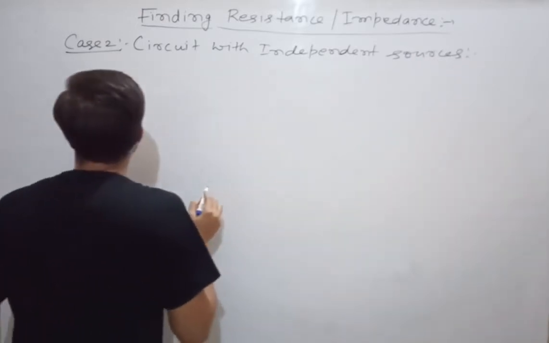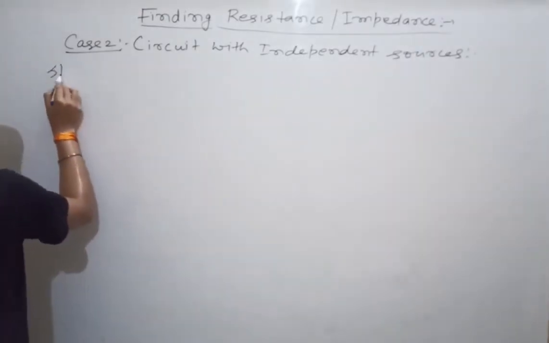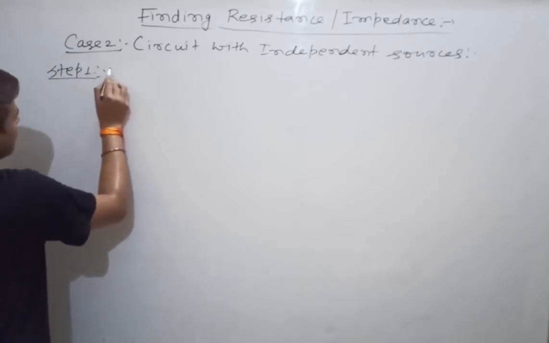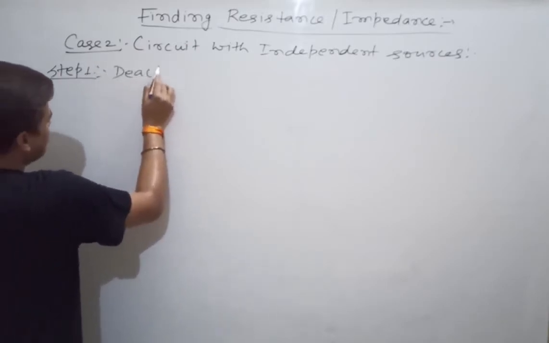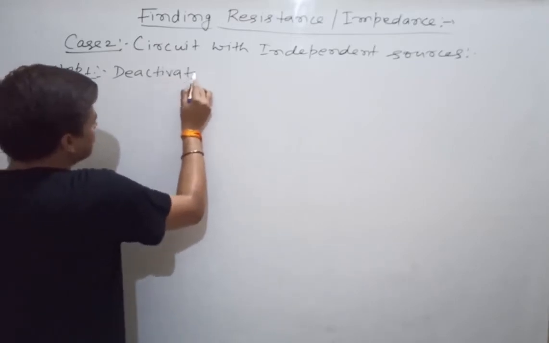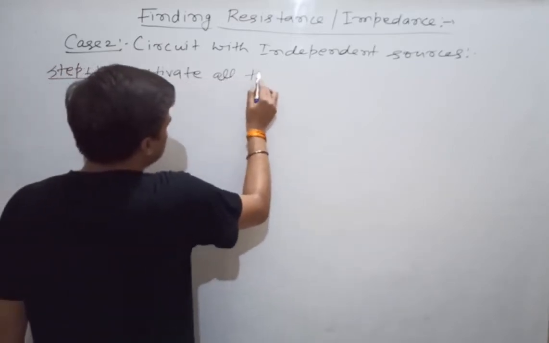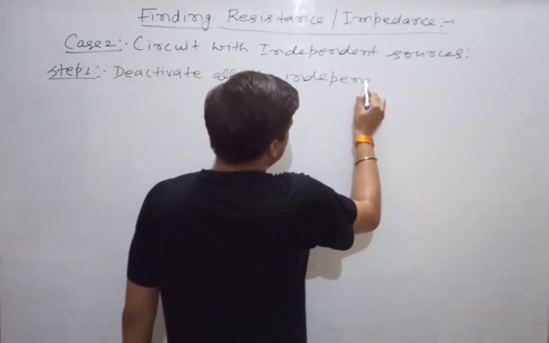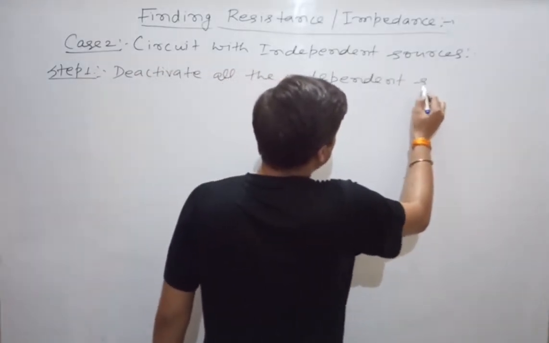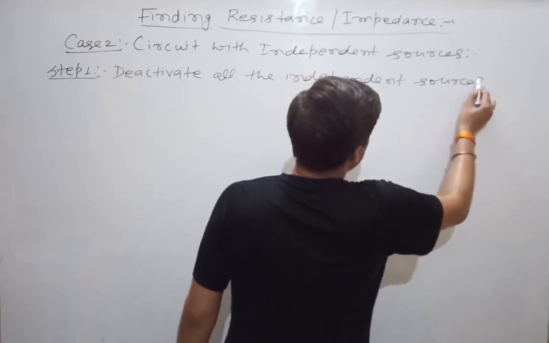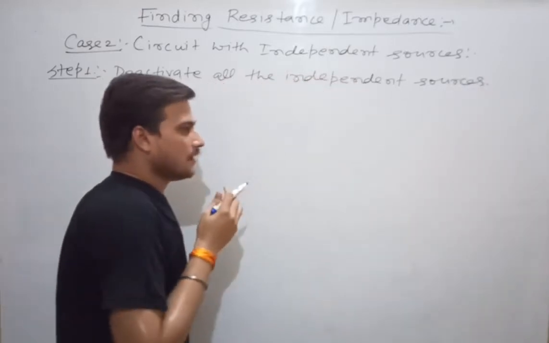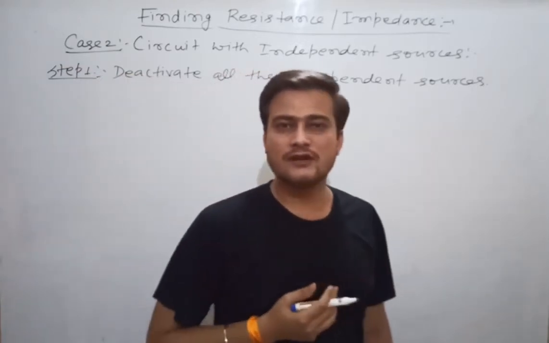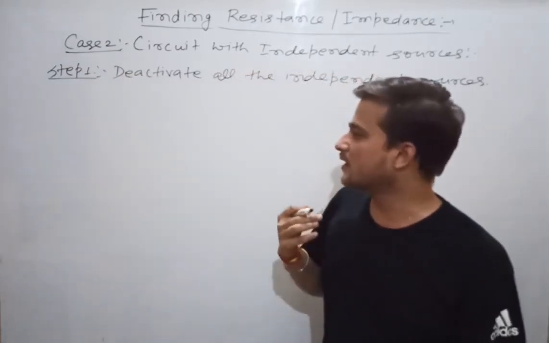So let us write the steps. Step 1 is deactivate all the independent sources. If independent sources are present in the circuit, you will have to deactivate them.